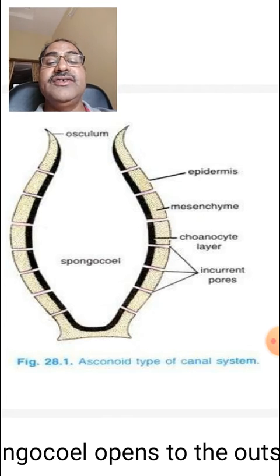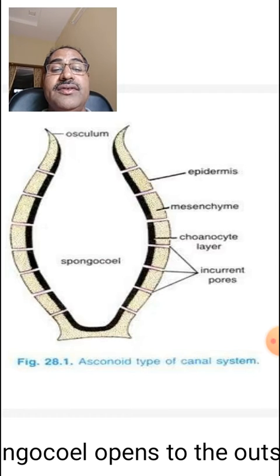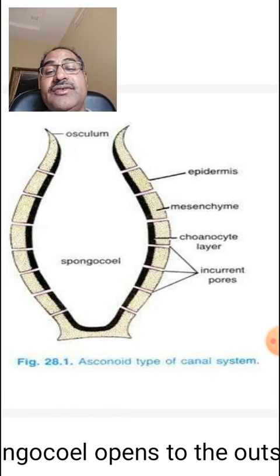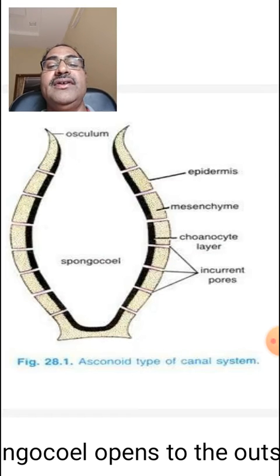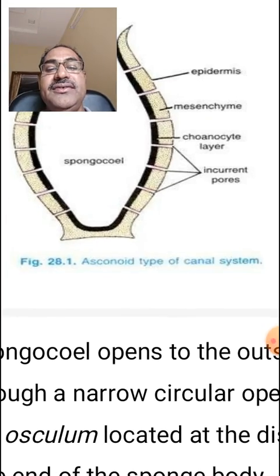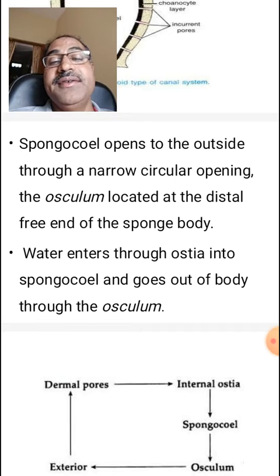Inside of this spongocoel is the choanocyte layer, and the water enters into the body through these pores, and these ostia open into the spongocoel. It opens to the outside through the osculum. This is the simplest type of water flowing mechanism.